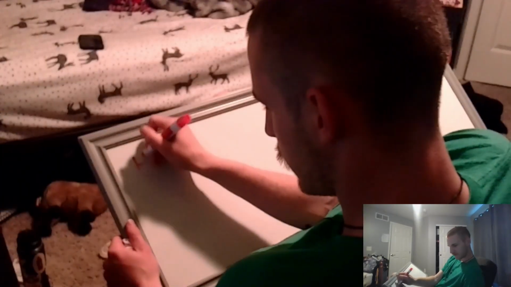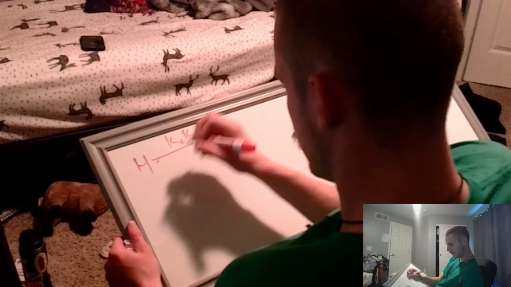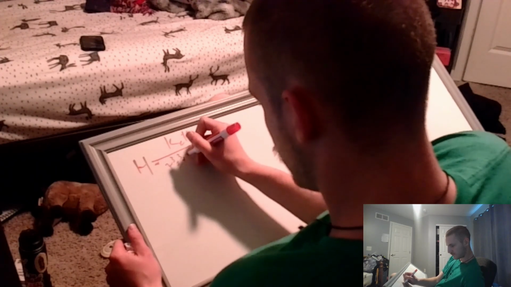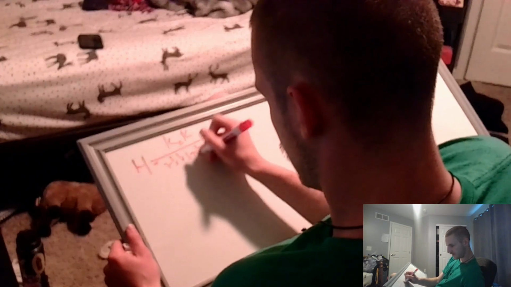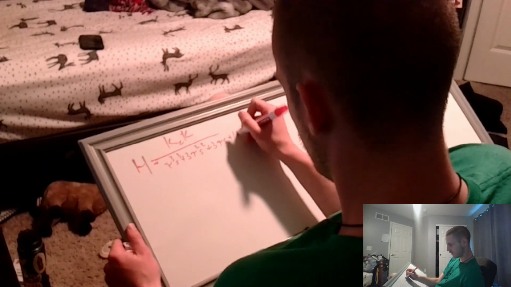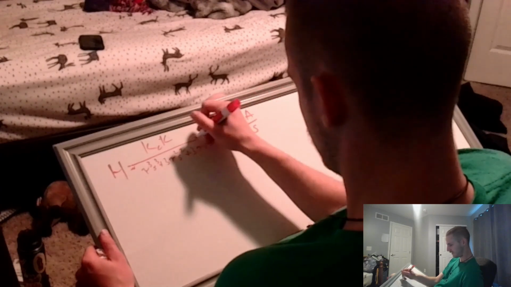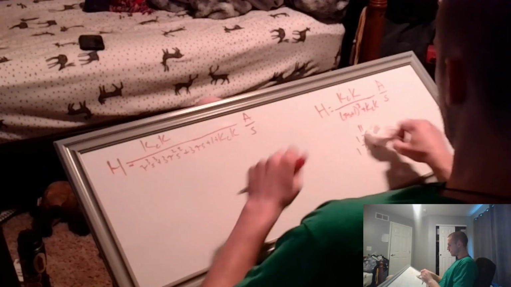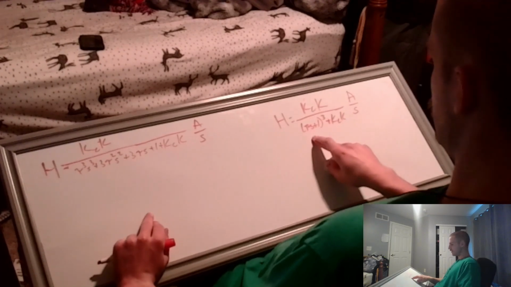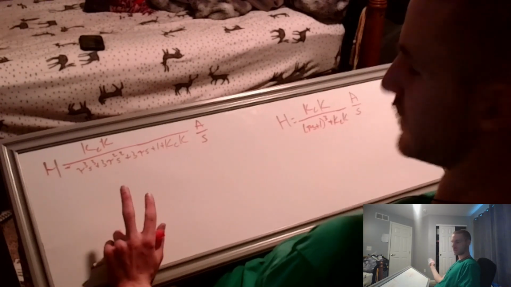So bringing it over, we have H equals Kc k over tau cubed s cubed plus 3 tau squared s squared plus 3 tau s plus 1 plus Kc k, times A over s. Right, so now we've taken our function here and separated it out.